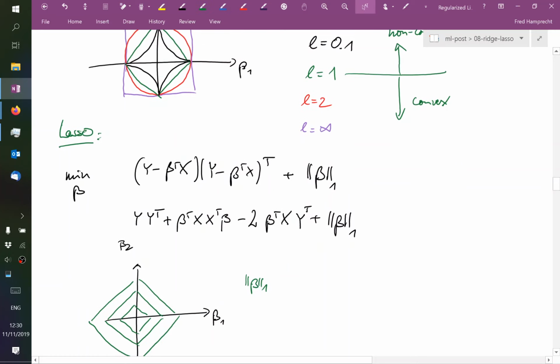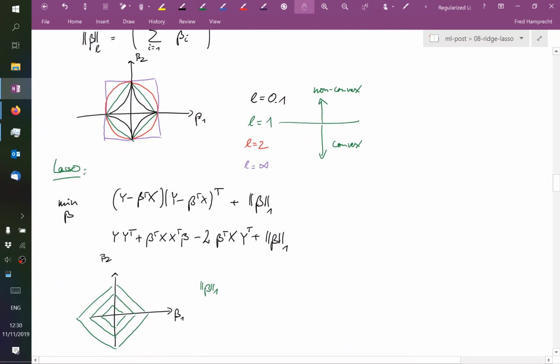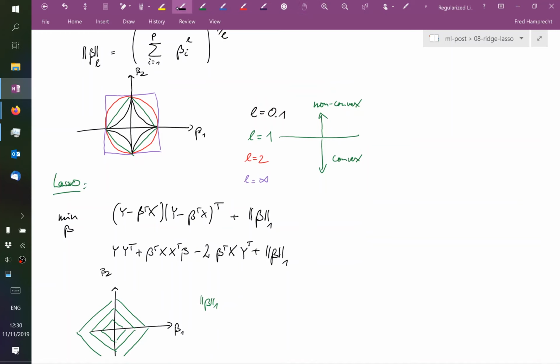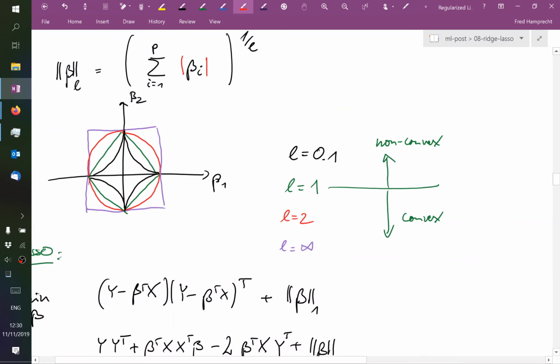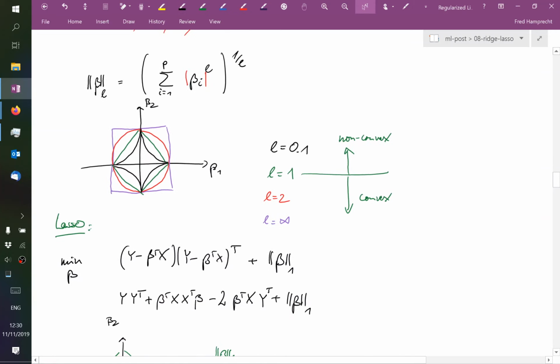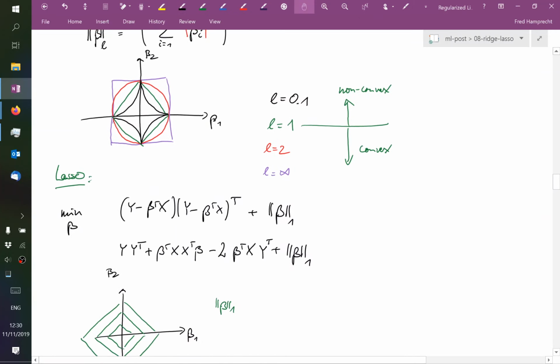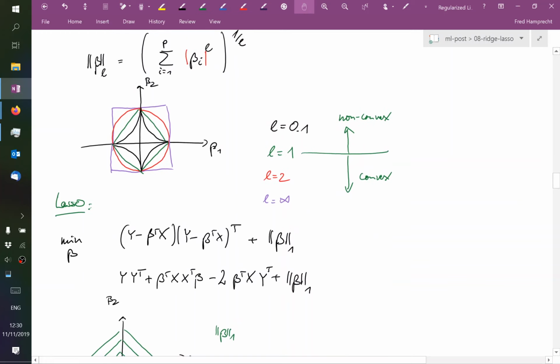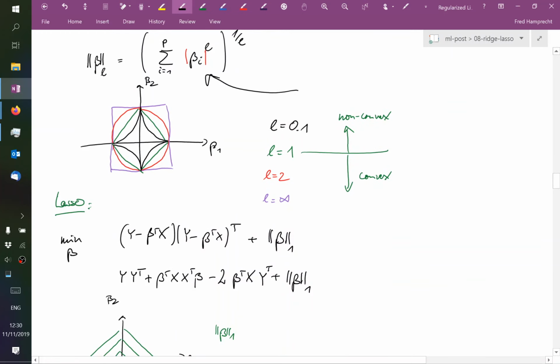And by the way, in the definition of the LP norm, I forgot to put the absolute value. It's the absolute value of beta i to the power of L. Excuse me, there was a mistake there.